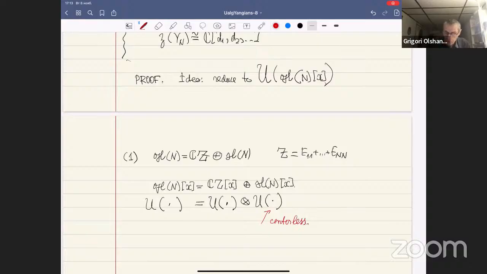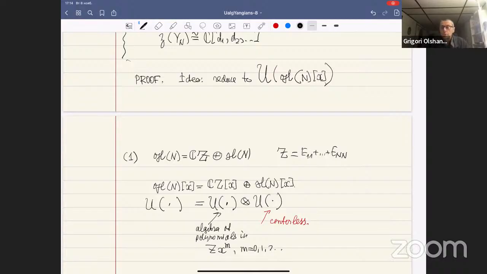And what is the first term? This is simply the algebra of polynomials in these elements.